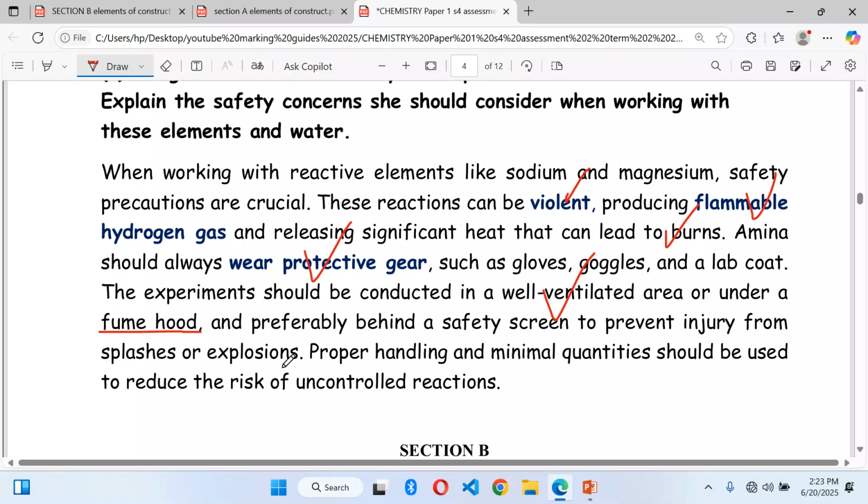Another one is proper handling, and minimal quantities should be used to reduce the risks of uncontrolled reaction. But of course, we are just giving more mitigations on how she should handle herself when working with these elements. So that was our item number 2.